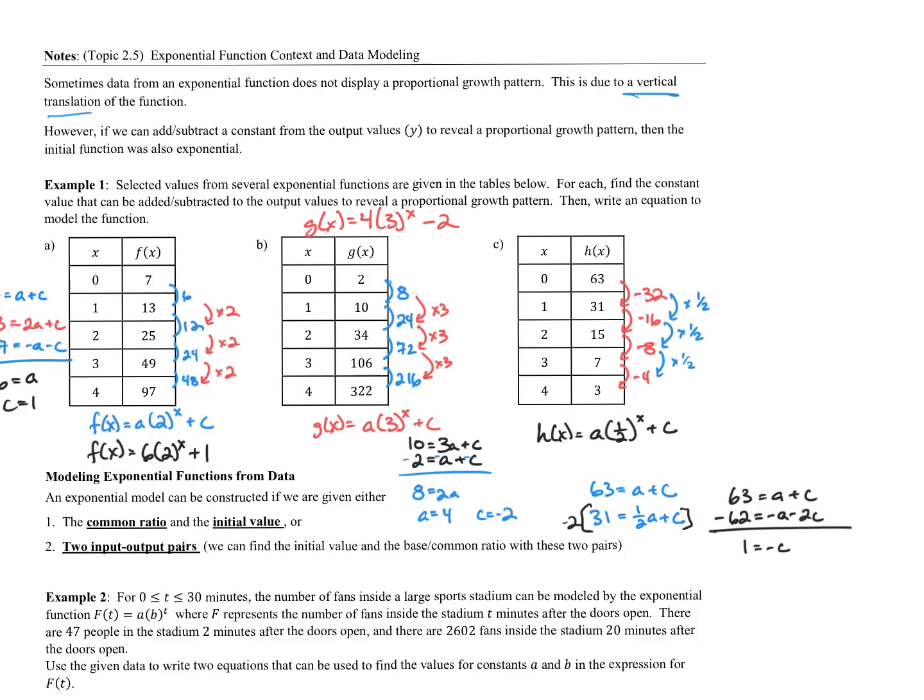Negative c. So what does c equal? Negative 1. And so from there, I can just take that and I can back substitute it in right here. And so what does a equal if c equals negative 1? 64. So a is equal to 64. And so now my h of x equals 64 times 1/2 to the power of x, and then minus 1.